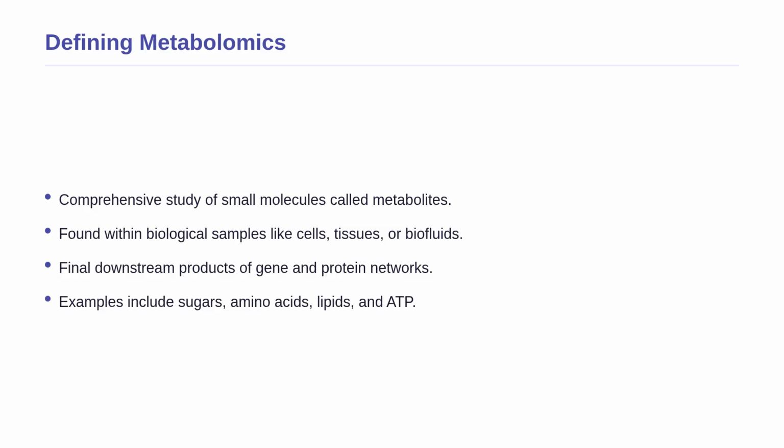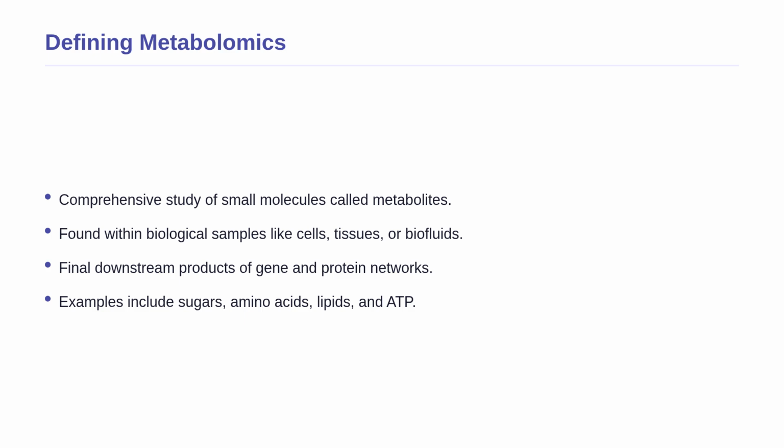Now that we have our city analogy, let us define this field formally. Metabolomics is the comprehensive, large-scale study of small molecules, which are known as metabolites, within a biological sample, such as a cell, tissue, or biofluid.